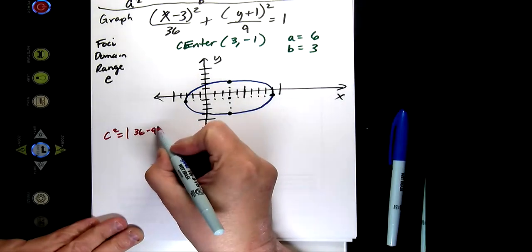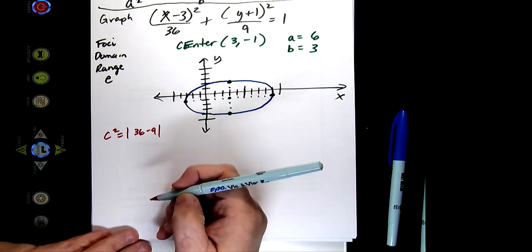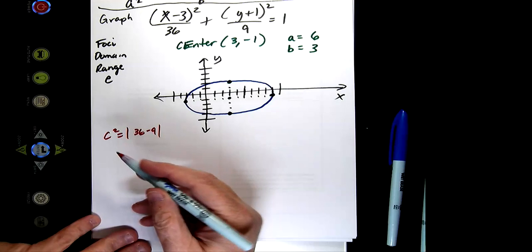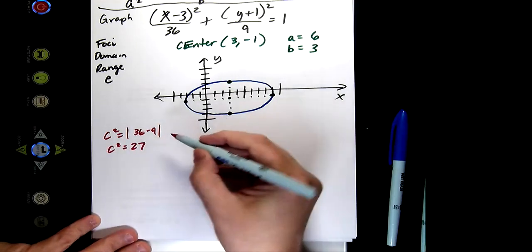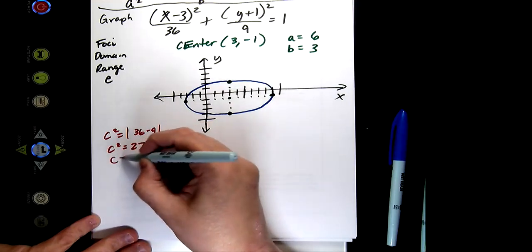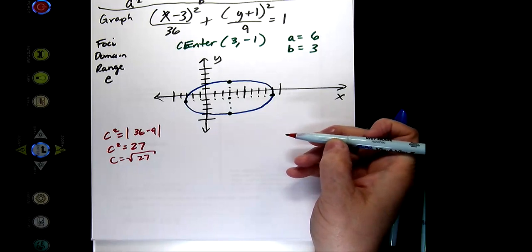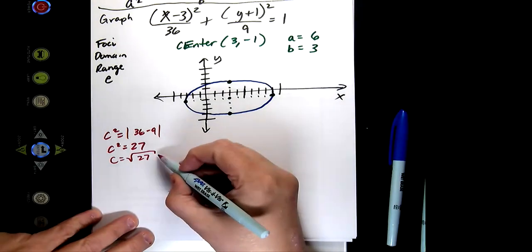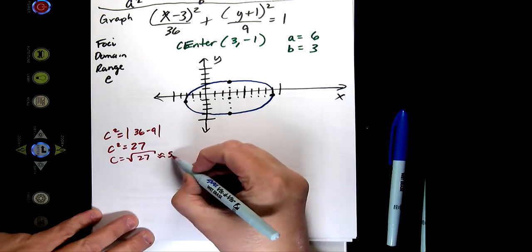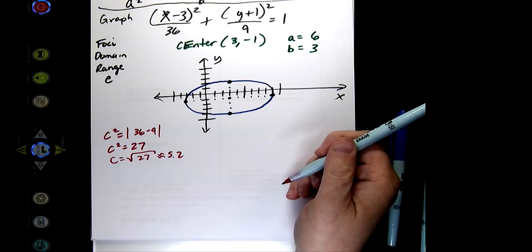What is that? 27. So c equals the square root of 27, which is approximately 5.2, maybe 5.3.